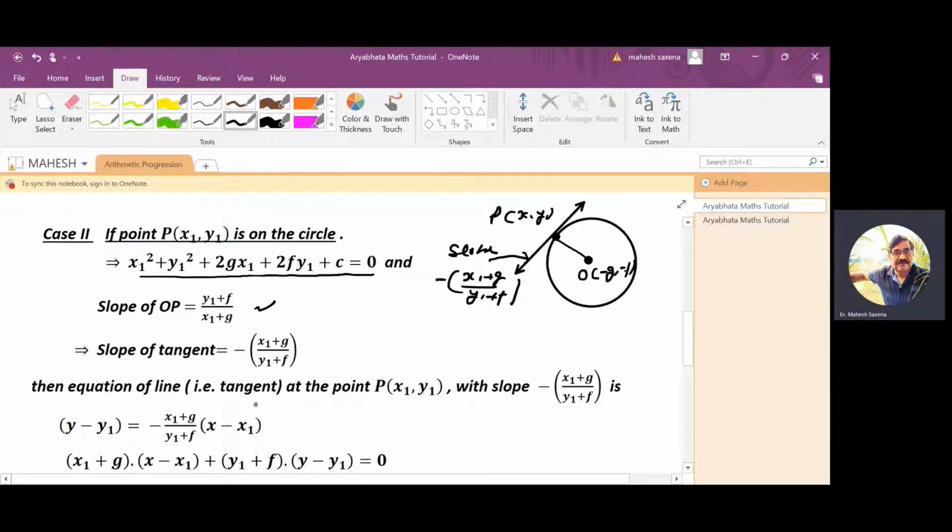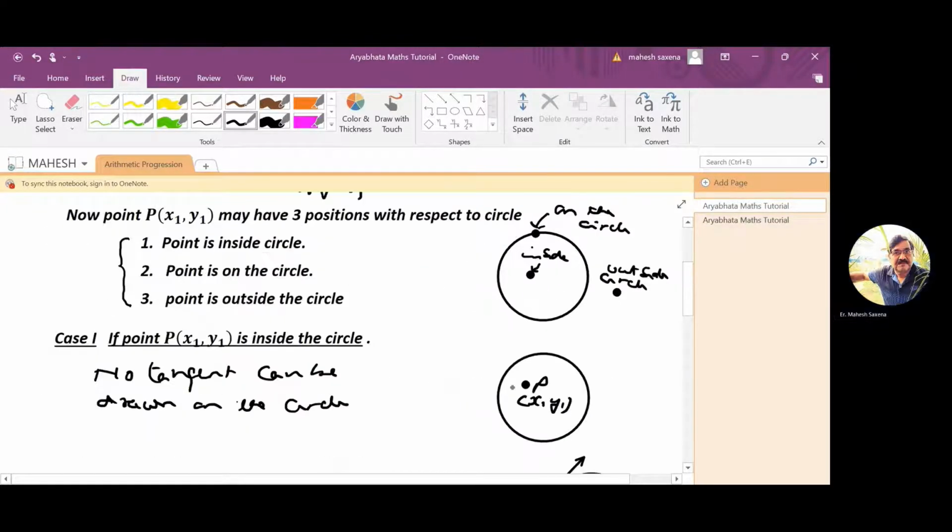Therefore, the equation of the tangent at the point P(x1, y1) with this slope will be y minus y1 is equal to minus (x1 plus g) upon (y1 plus f) times (x minus x1). If we cross multiply, then we will get (x1 plus g)(x minus x1) plus (y1 plus f)(y minus y1) is equal to 0.